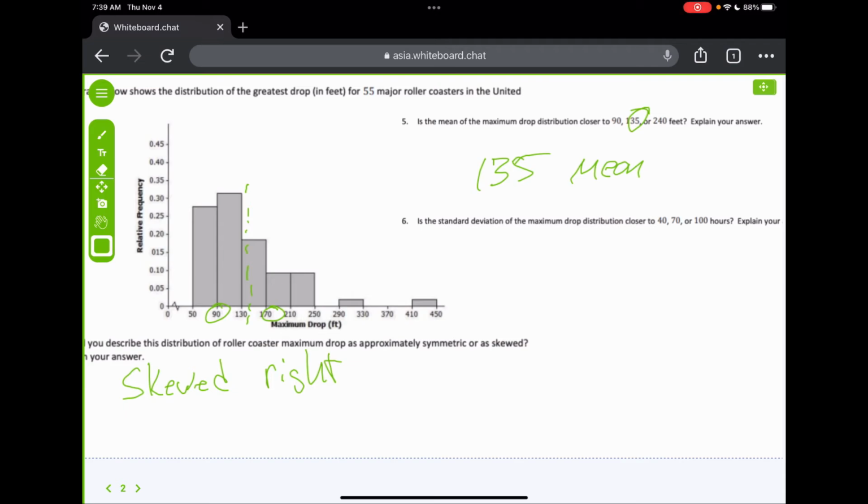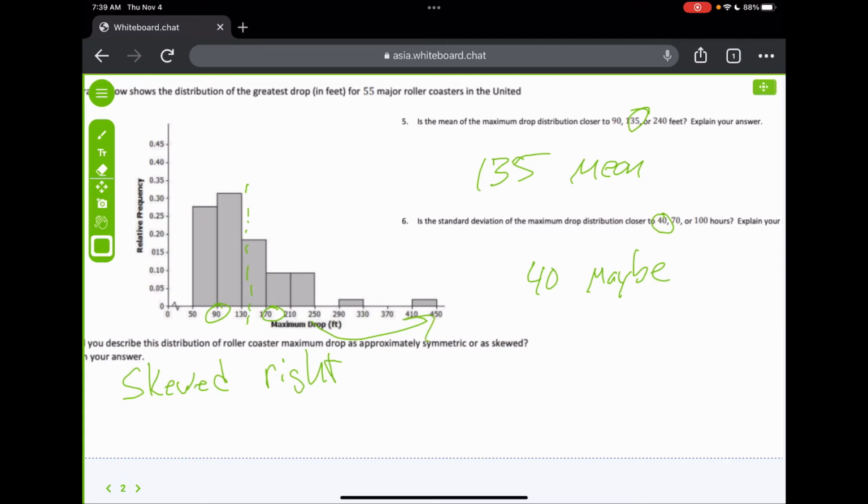But if we were to say 70, well, that kind of gets everything. So no, we're going to say that it's probably 40, maybe 70, because of these outliers out here.